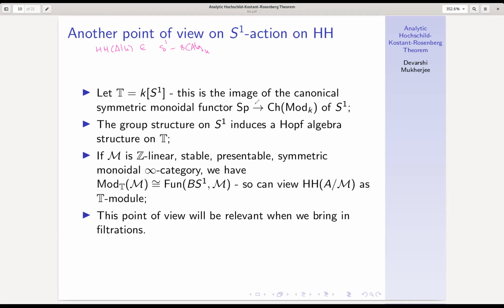Okay, so let's see what that means in this context. So let's take the group ring over S1. It's just the group ring over S1. And it is also a bi-algebra, which will be relevant in a bit.